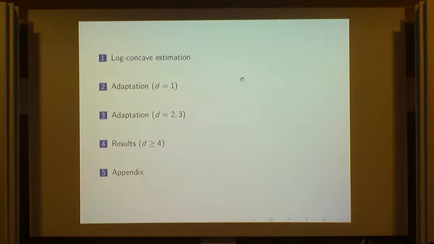This is the outline of my talk. First, I'll give you some overview of log-concave density estimation, and then I'll move on to the adaptive property, which is the main topic of this talk. For the univariate case first, and then I'll move to the adaptive property of our estimator for the multivariate case for dimension up to 3.